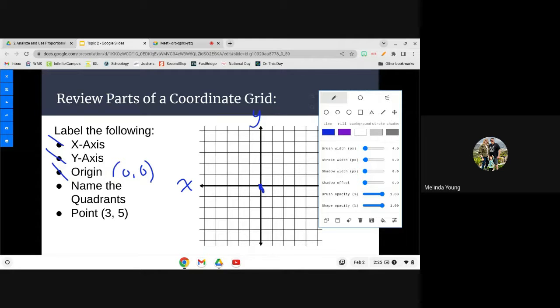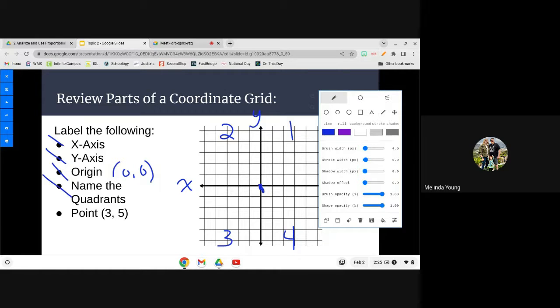There are 4 different sections of a coordinate grid, okay? There's the first quadrant, the second quadrant, third quadrant, and the fourth quadrant, okay? We're going to be mostly working in that number 1 quadrant when we're graphing using these proportional relationships, okay?